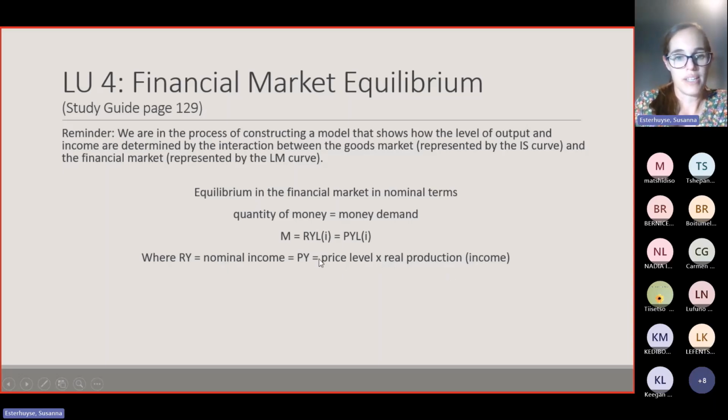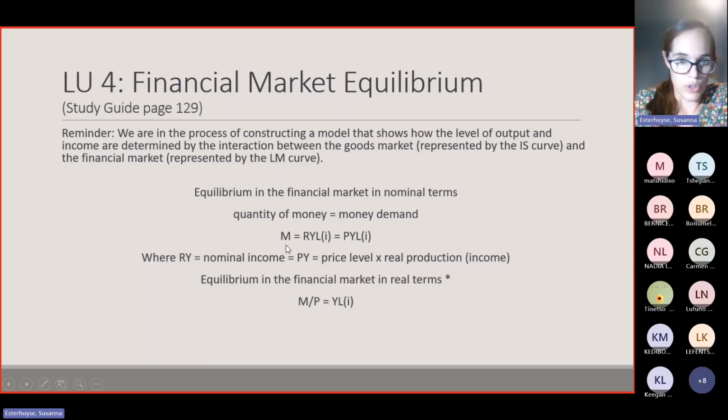So you just replace this portion with your price level times production, and then you can move towards calculating the equilibrium in the financial market in real terms. So this formula gave you the equilibrium in nominal terms. We just used our quantity of money equation that you know from Learning Unit 3, and we just replaced the nominal portion with the formula that's used to calculate it, price times real output.